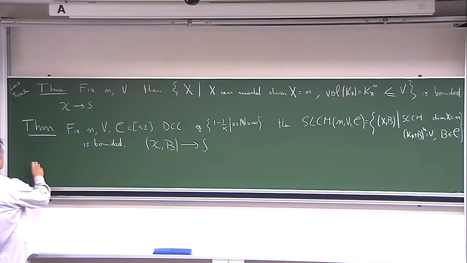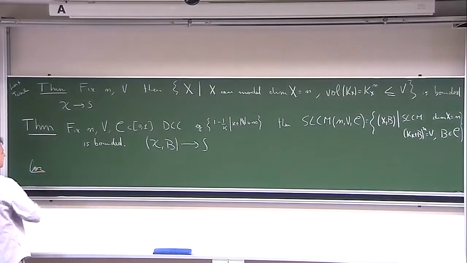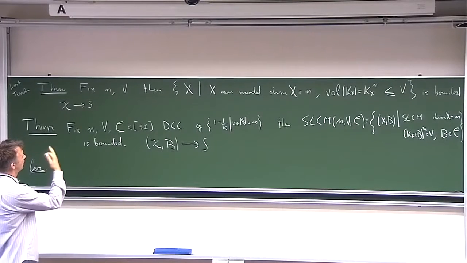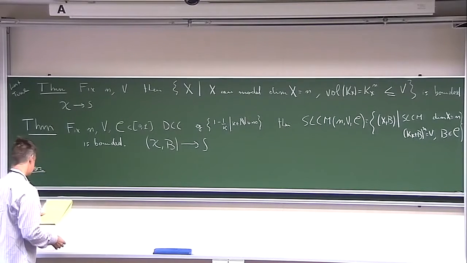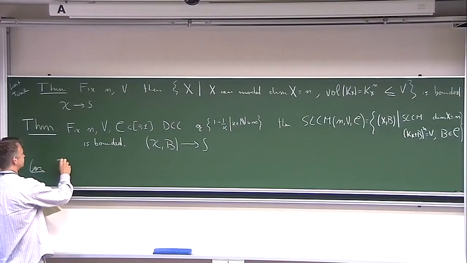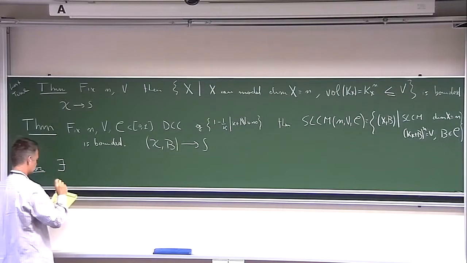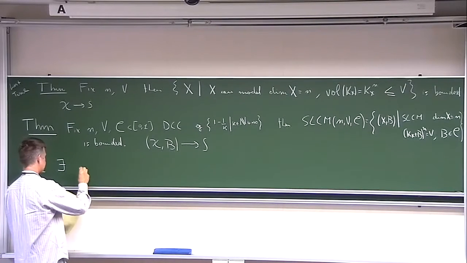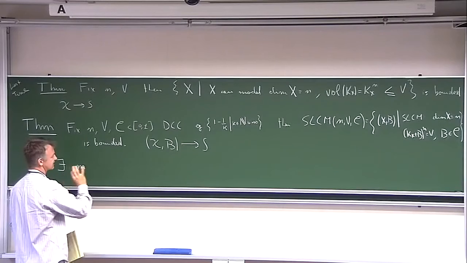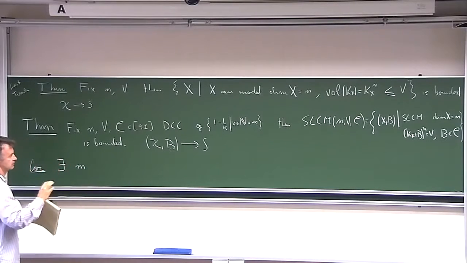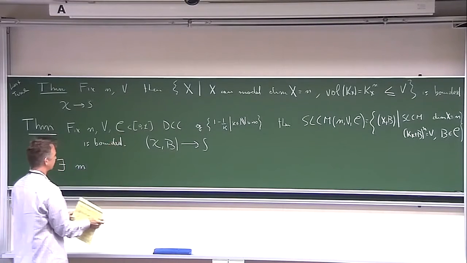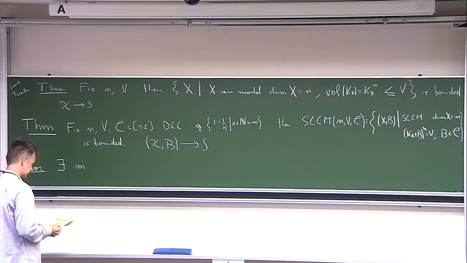Okay, so maybe I should state a few of the corollaries. The first corollary should be fairly straightforward from the theorem. Assuming that we have rational coefficients, of course, you can make sense of this even if the coefficients are real numbers, but for simplicity, let's assume that they're rational numbers.